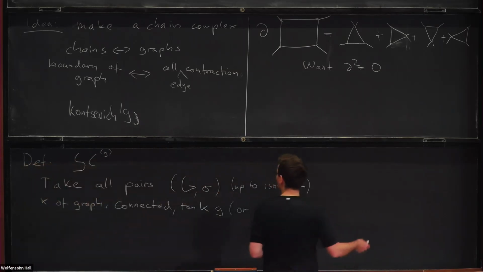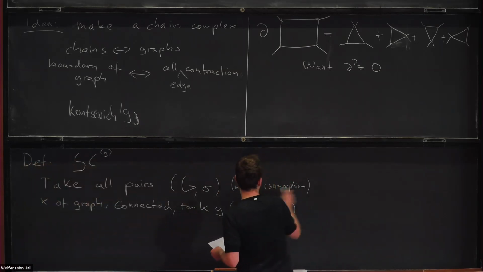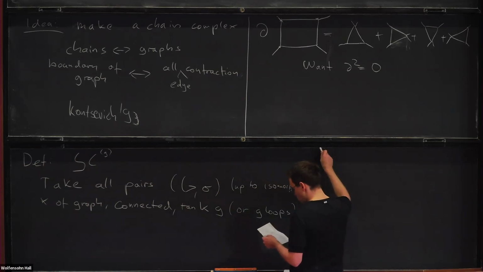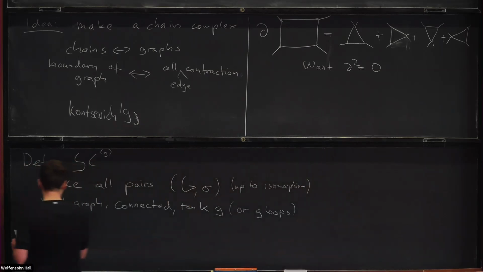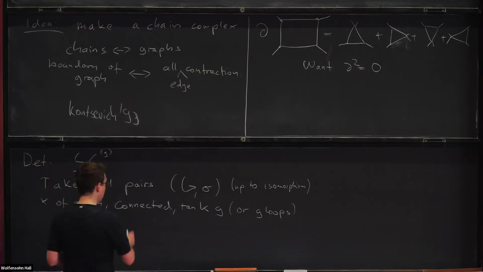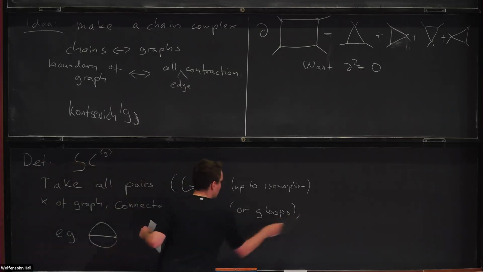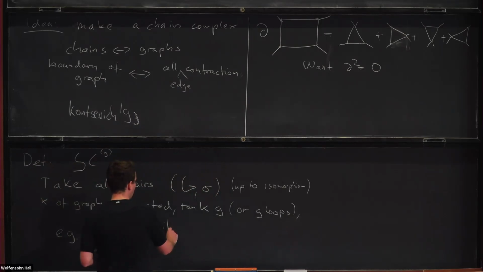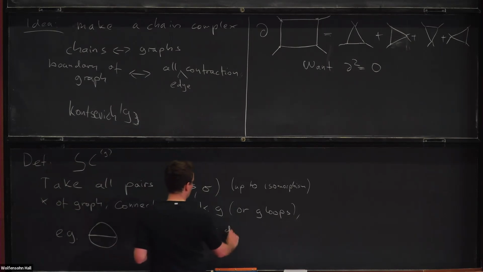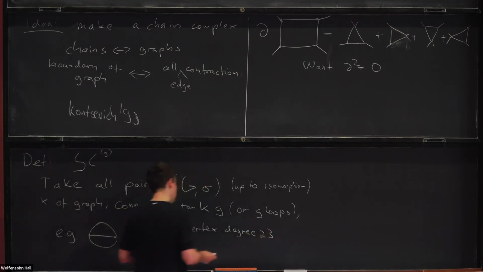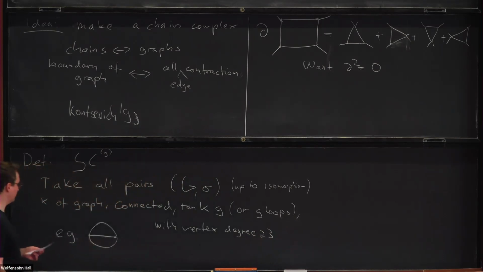So, for instance, we can have this kind of graph here. Oh, I forgot one condition. We want the vertices to have degree larger than or equal to 3, so we have a minimal vertex degree.